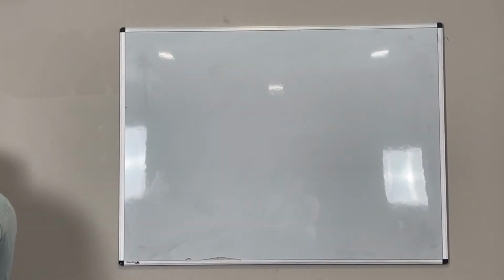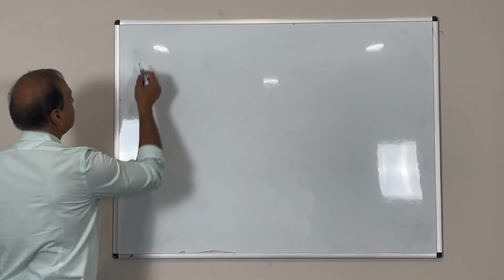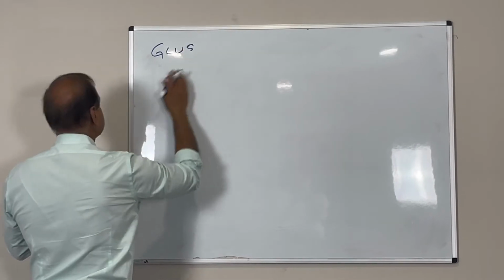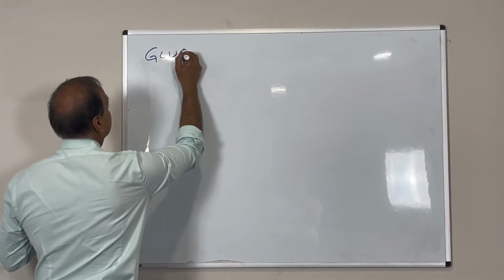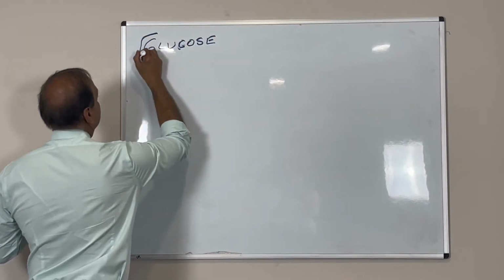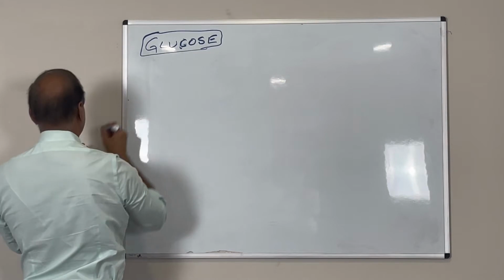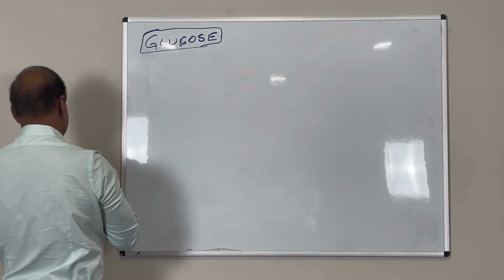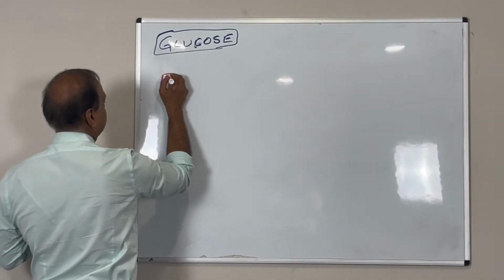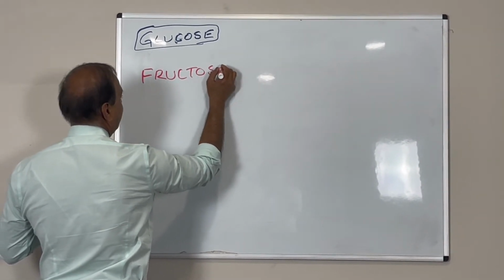So let's put the glucose molecule in blue, and then let's also put fructose here in red, to make it stand out because the fructose molecule is completely different, making uric acid and fat and things like that.